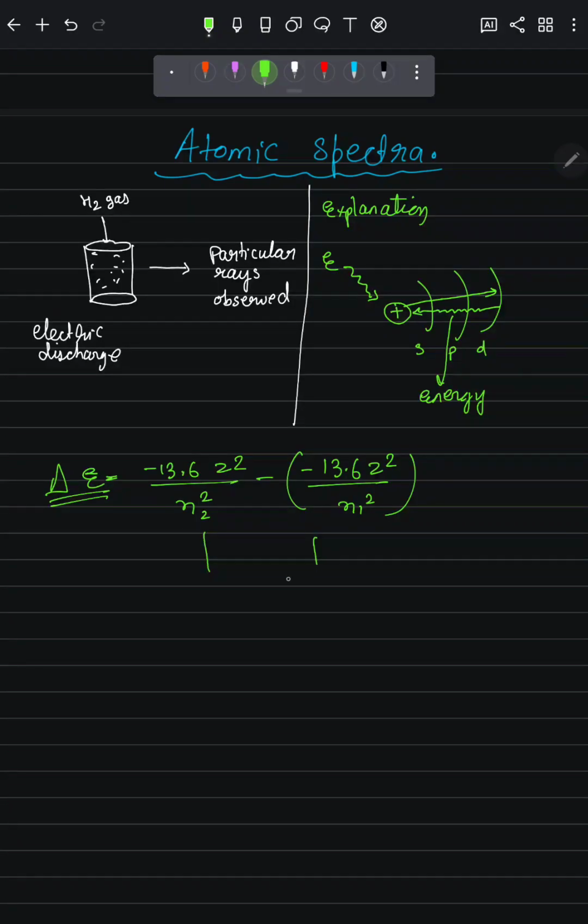By calculating this, we will get a particular energy in electron volts.